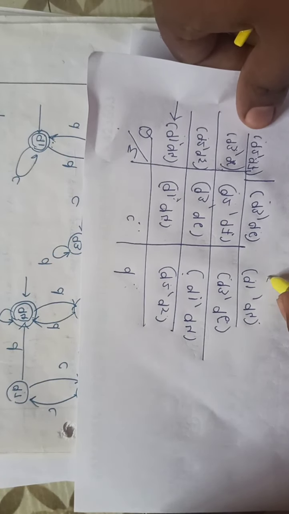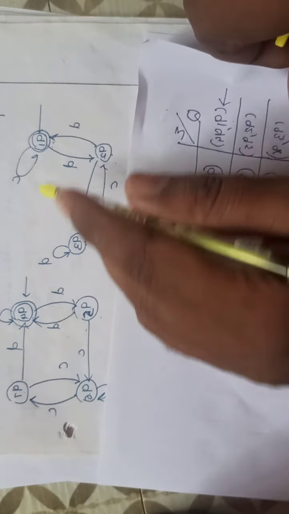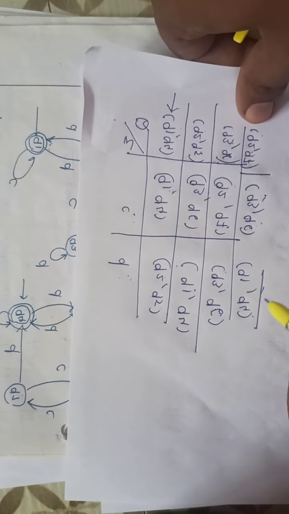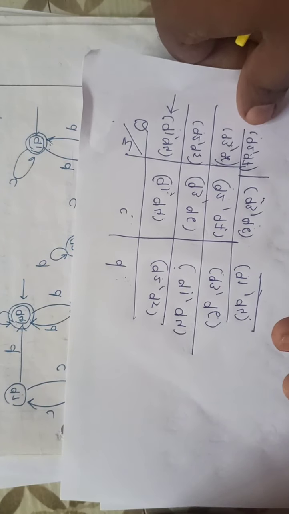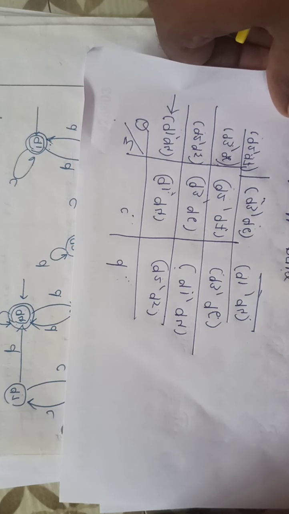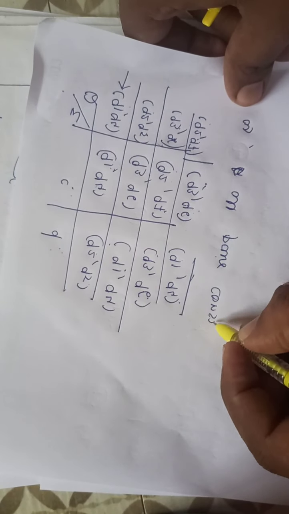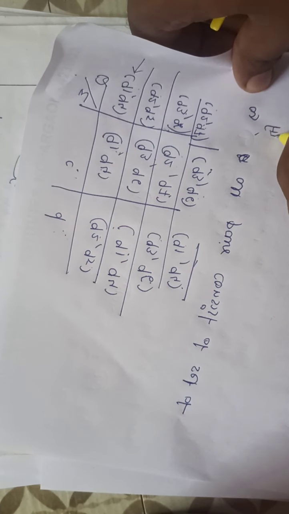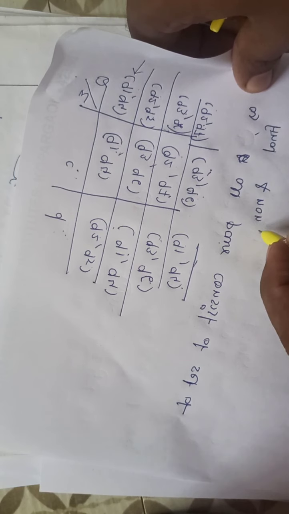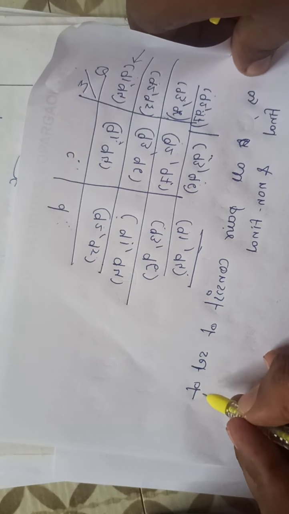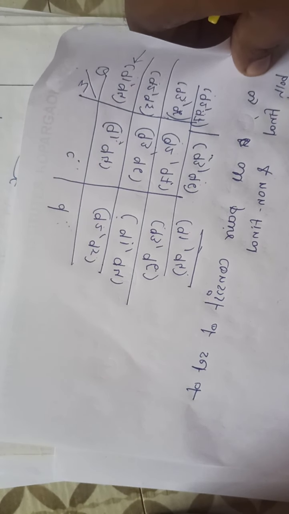So Q1 and Q4 both are final states. In the given transition diagram, both are final states, and Q3, Q6 both are non-final states, and these two are the old states. So we need to stop the construction of the transition table, as all pairs consist of both final or both non-final states.